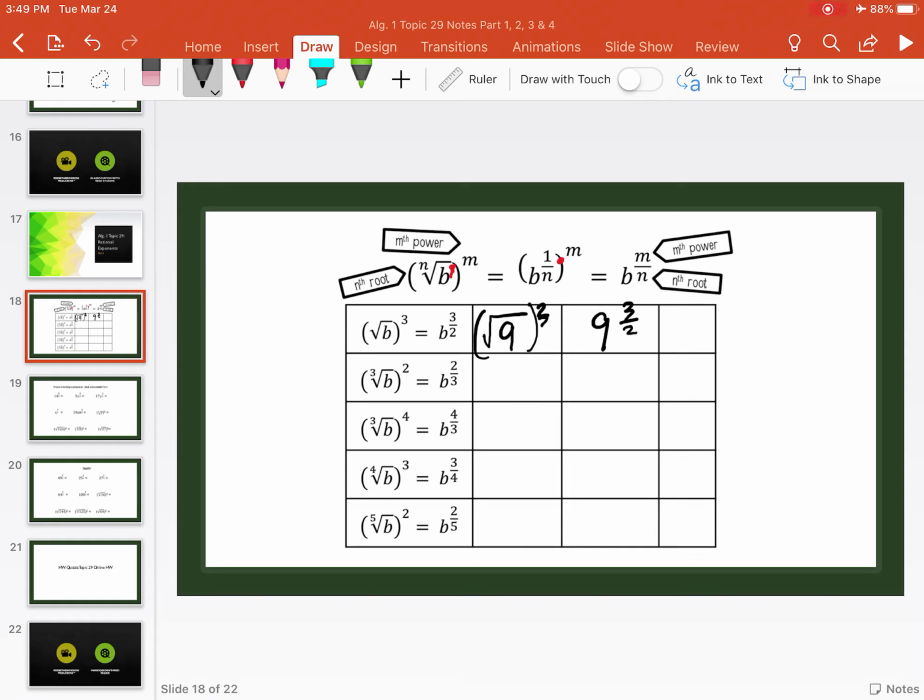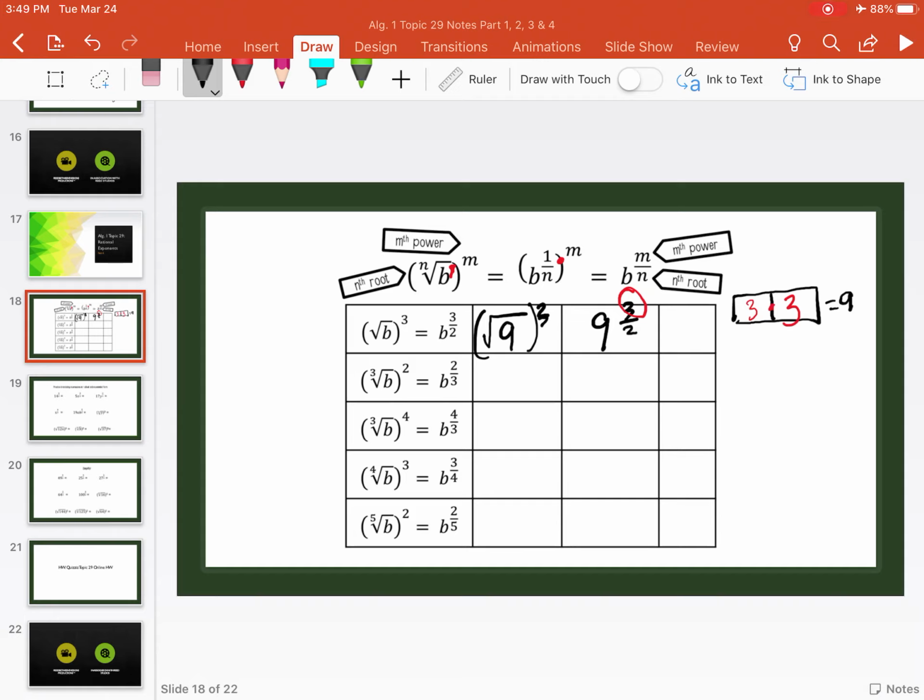So notice here, if we want to do our chocolate bar method, our first chocolate bar would be divided into 2 spots, and we get 9. So multiplying together, we would get 3 times 3 gives us 9. But notice here how instead of 2 pieces, we want to take 3.